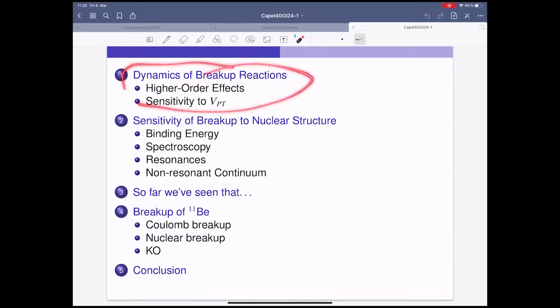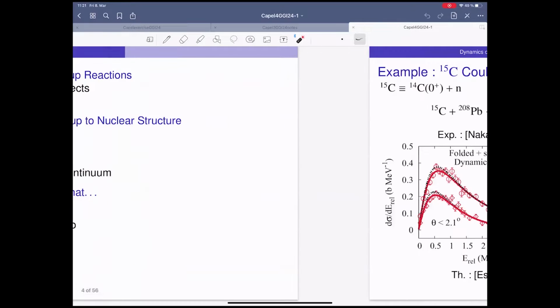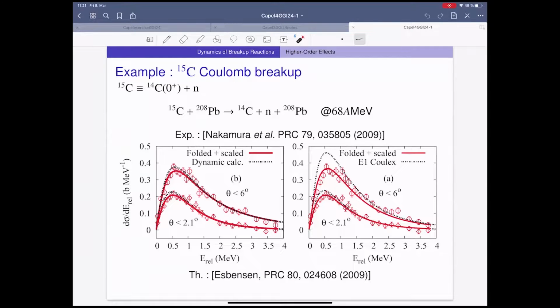First, we'll look at the dynamics of the reaction, and then look at what we are sensitive to, and then I will make a short summary of that, followed by a discussion using another method to describe the nucleus in order to have a clearer link between reaction and structure.